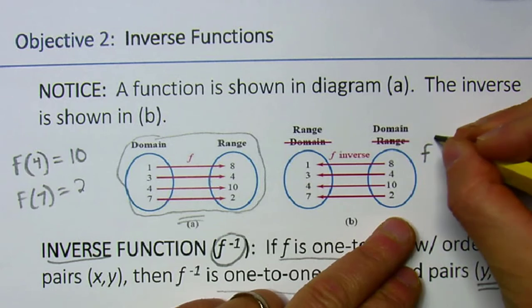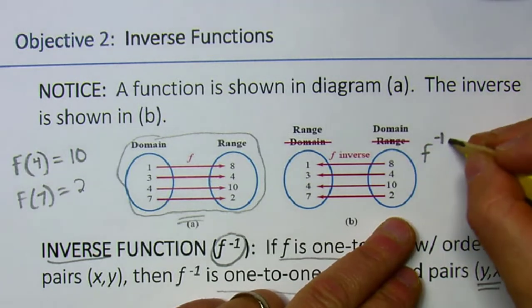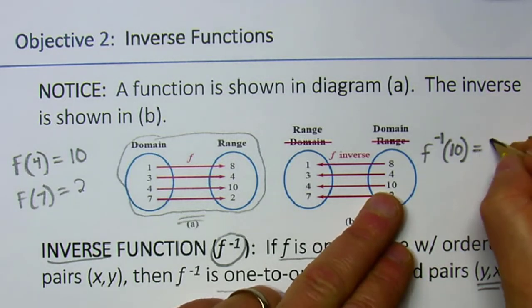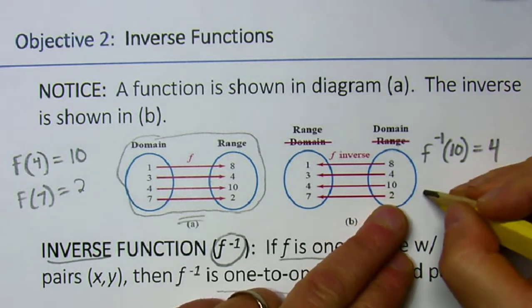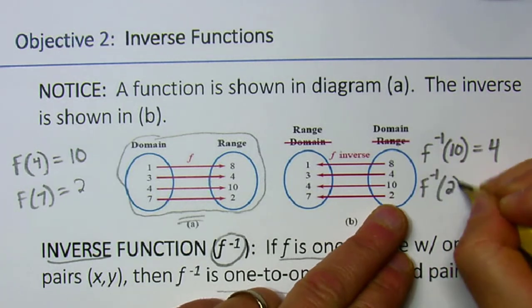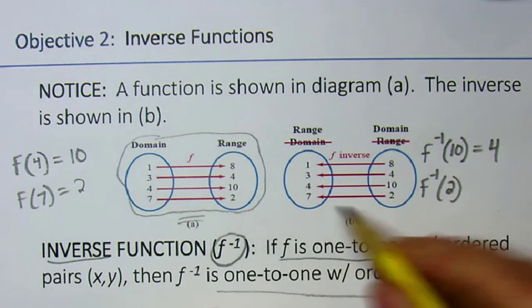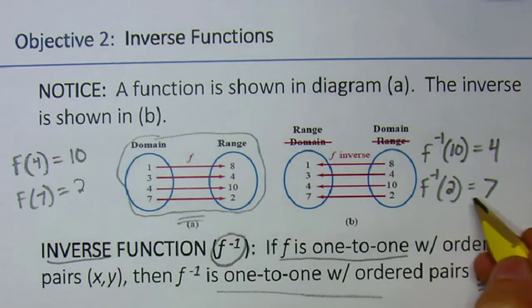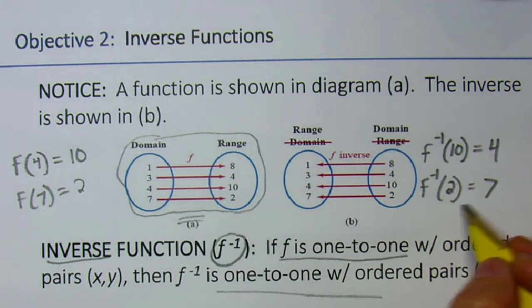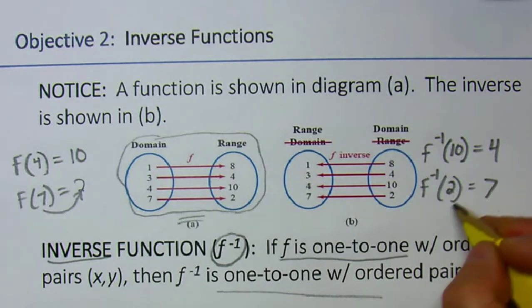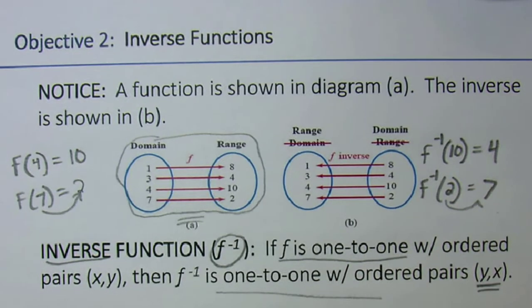That is to say, f inverse of 10 will take 10 as the input and send it back onto 4. Or we could say that the inverse function applied to 2, what does it do with 2? It sends it back onto 7. So the inverse function does exactly the opposite of the original function. The original sent 7 to 2, the inverse sends 2 right back to 7.